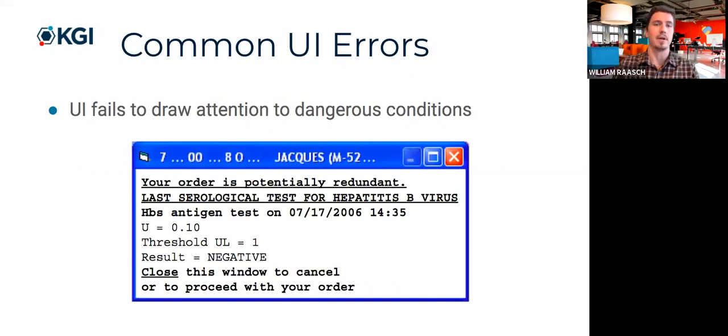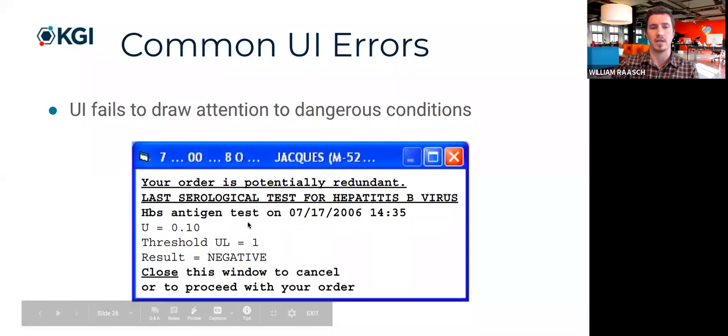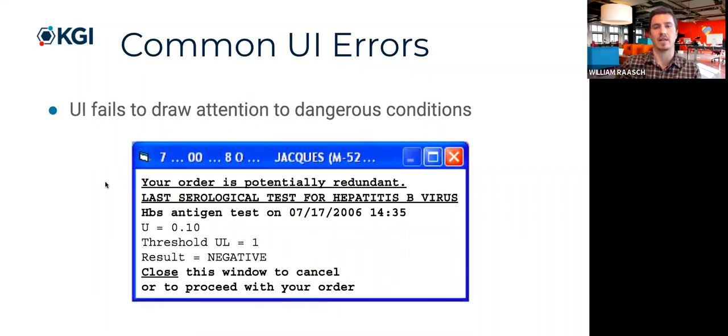Okay, another common error that the FDA really emphasizes is where the user interface fails to draw attention to dangerous conditions. So here it says your order is potentially redundant. Last serological test for Hep B virus was here. Close this window to cancel, or proceed with your order. So it's drawing attention to the fact that you already ordered this test, so did you mean to do something else?